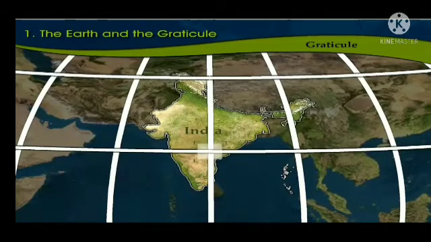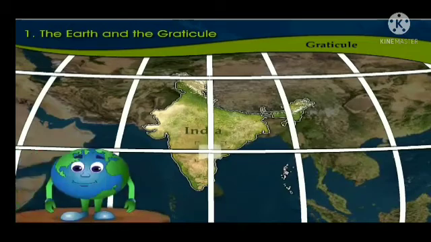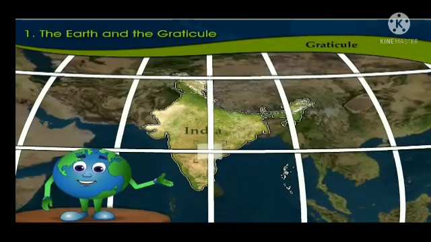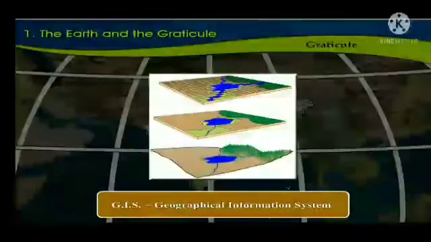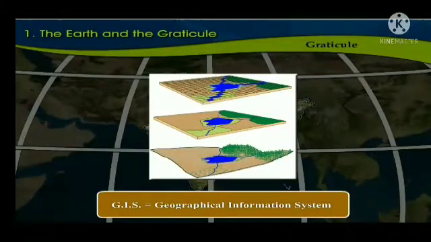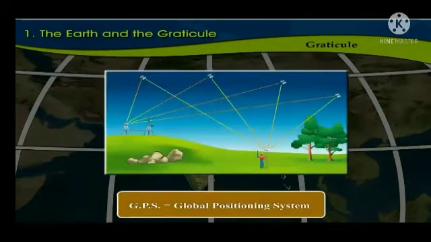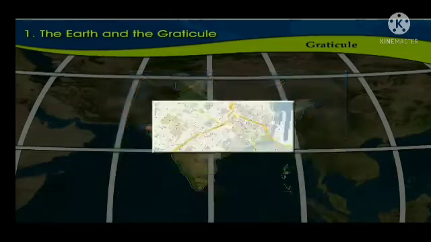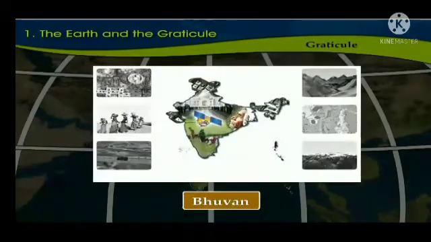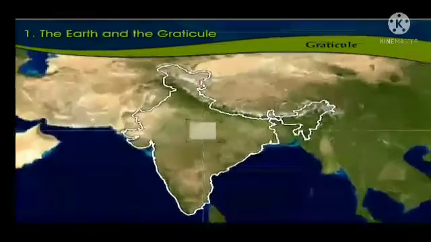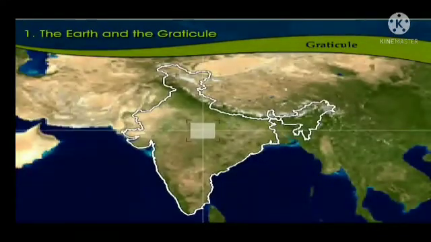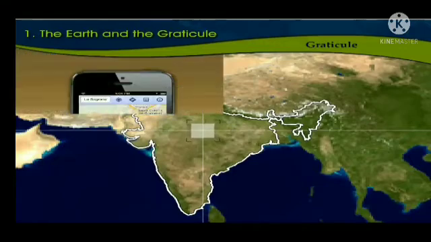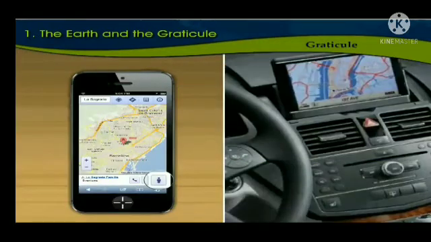Today's new technologies which are used to identify the location of a place, like Geographical Information System, that is GIS, then Global Positioning System, that is GPS, and internet based Google Map or Wikimapia, ISRO's computer-based mapping system NavIC, also make use of the latitudes and the longitudes. We also use this technology every day in our mobile phones and cars.